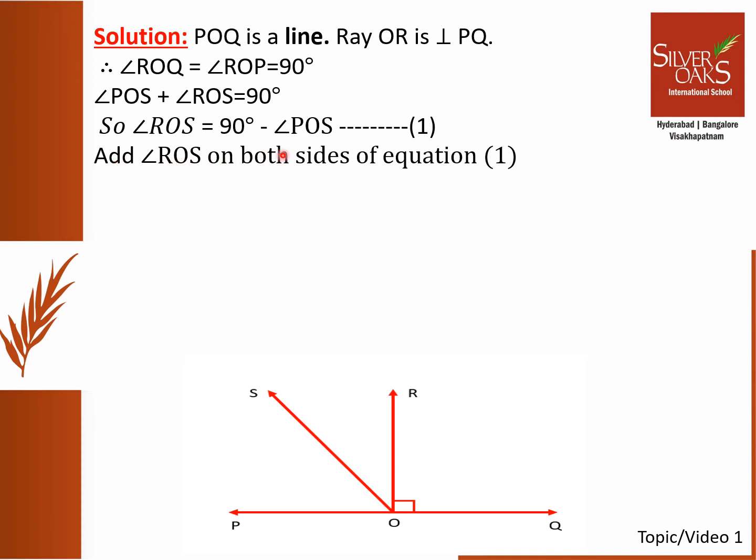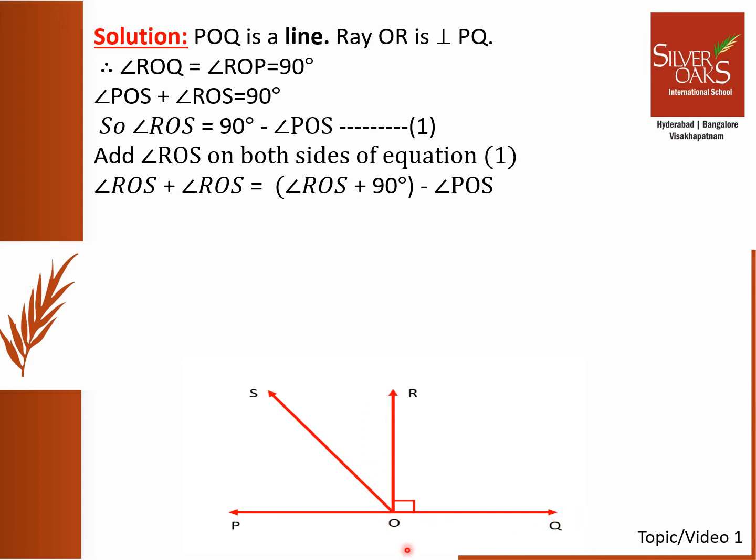You add angle ROS on both sides of equation 1. So now equation 1 becomes ROS plus ROS is equal to ROS plus 90 degrees minus POS. You can see I have put a bracket over here. Why? You see in the figure, ROS plus ROQ.